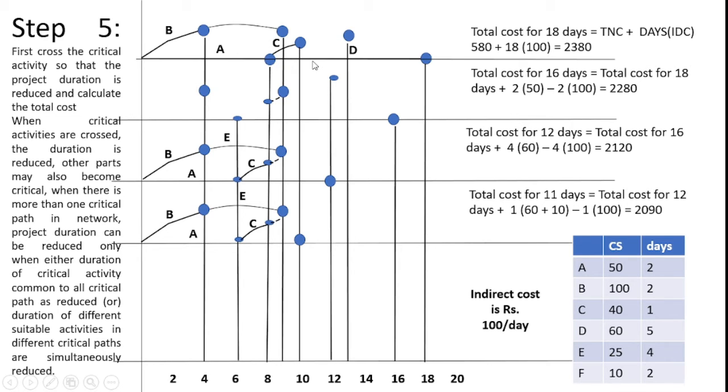Okay, this is the procedure. After that, next I represent E. E consumes 5 days after D, so I represent E on this graph sheet like this. After that, I mark vertically on the graph sheet, because 5 days are consumed for completing the E activity in the project network.